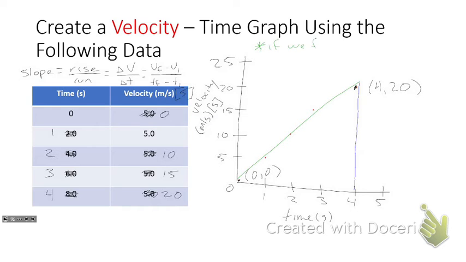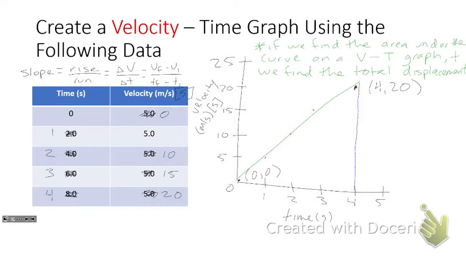If we find the area under the curve on a velocity time graph, so v-t, we find the total displacement. Okay, so that's a big one. Let's write that down. You need to know that. You need to know how to find displacement given a graph question.